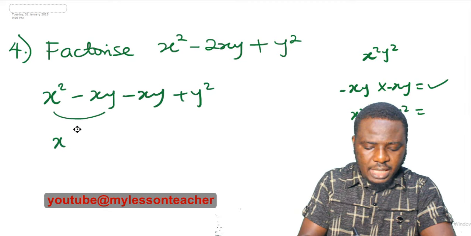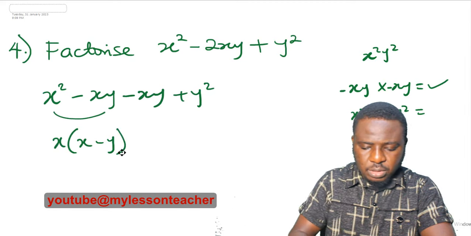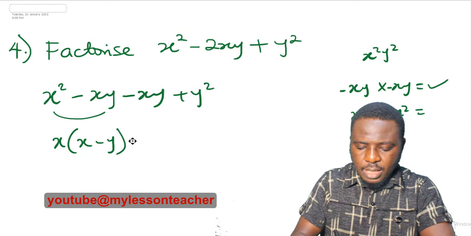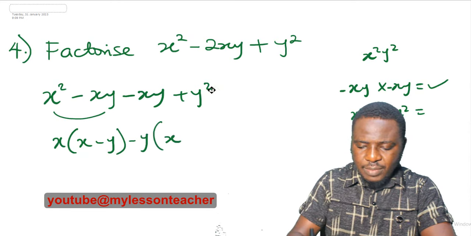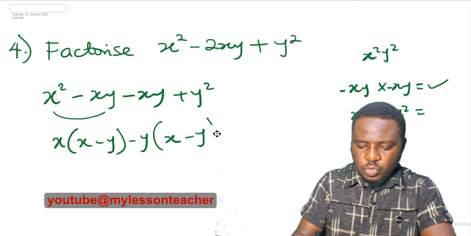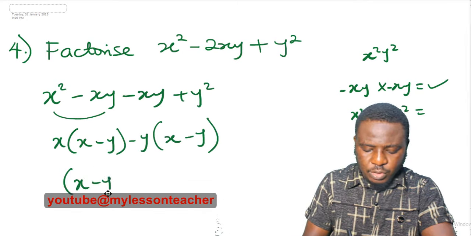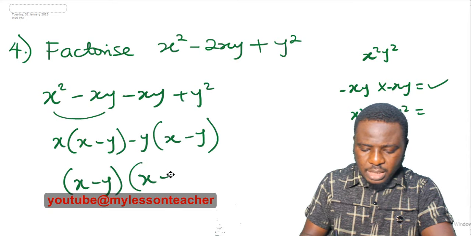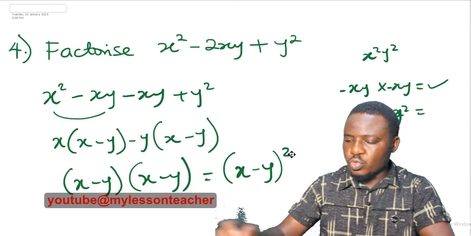This becomes x into bracket x minus y, because x is common, and minus y is common, into bracket x minus y, because minus y squared divided by minus y gives you minus y. Factorize them from a two-term expression to a one-term. This becomes bracket x minus y into x minus y, which is equal to x minus y all squared.